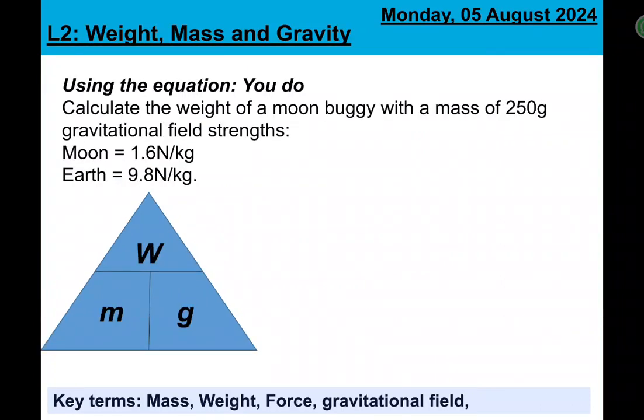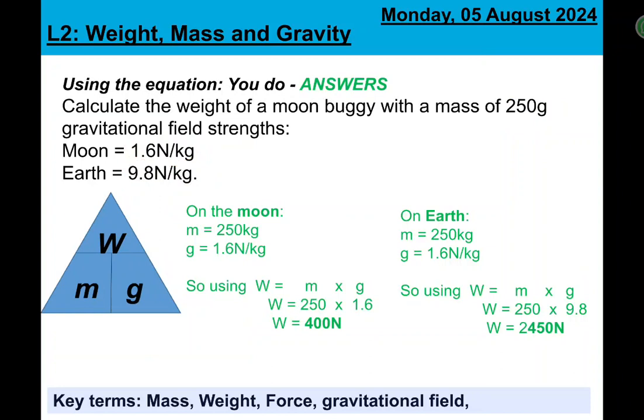Moving on. Calculate the weight of a moon buggy with a mass of 250 gram, where the gravitational field strength on the moon is 1.6 Newton per kilogram, and on the Earth is 9.8 Newton per kilogram. On the moon, we get the mass and the gravitational field strength, 1.6, and multiply them by each other, 250 times 1.6, it's 400 Newton.